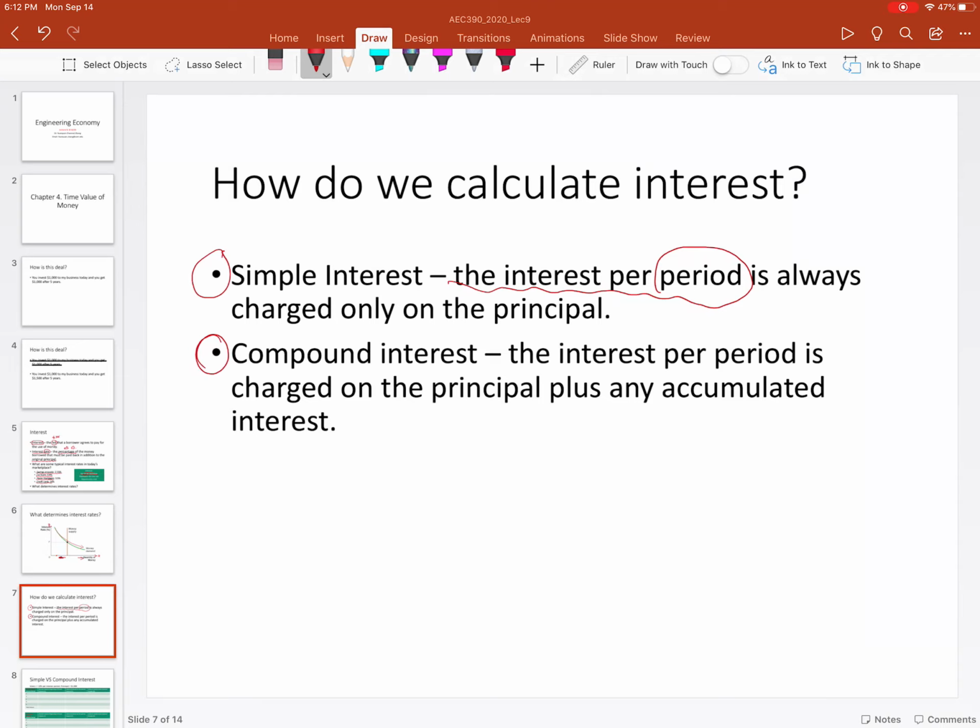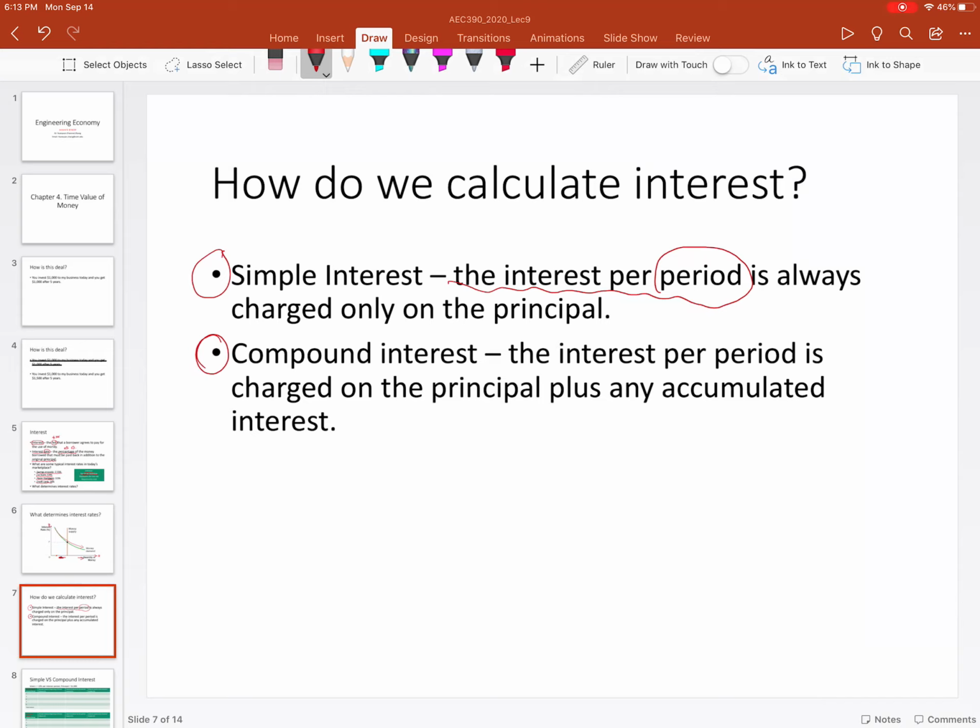So simple interest means the interest per period is always charged only on the principal. The interest is always the initial amount of money you borrowed or lent to somebody else times the interest rate.